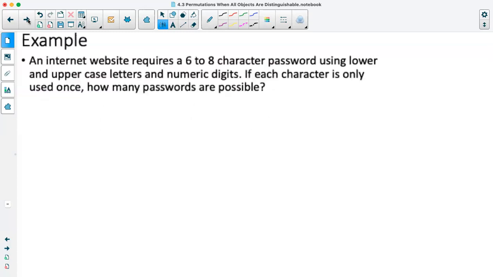For an example, an internet website requires a 6 to 8 character password using lower and uppercase letters and numeric digits. If each character is only used once, how many passwords are possible? The first thing we need to do is figure out how many characters we can use.